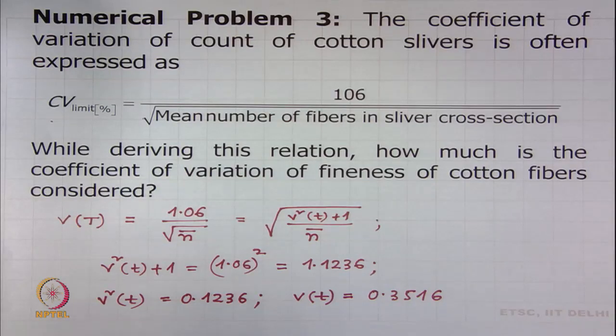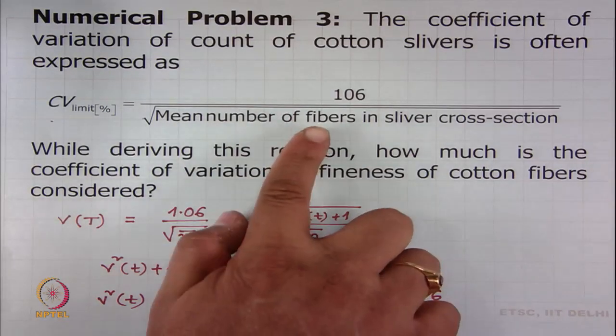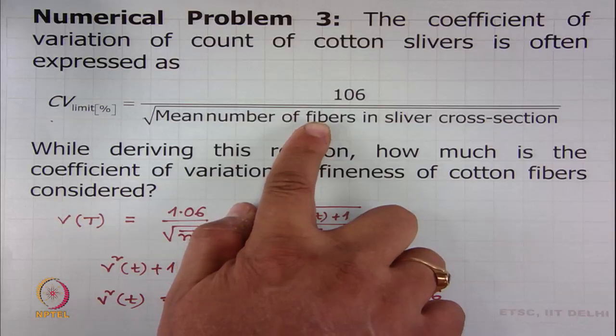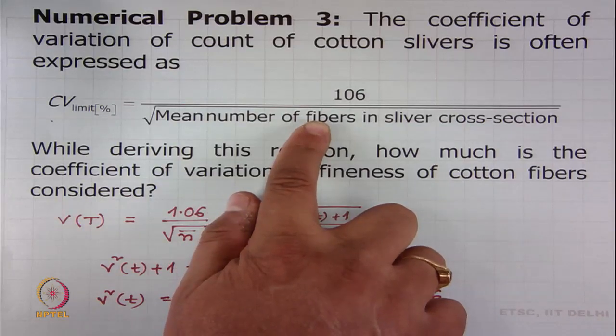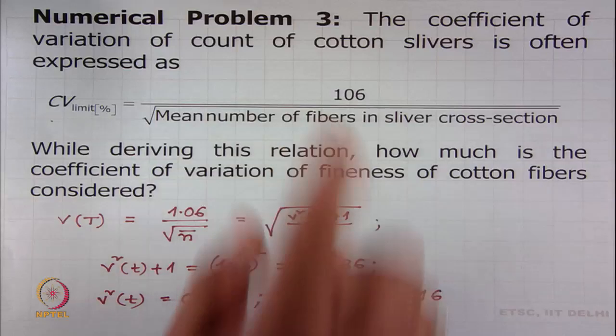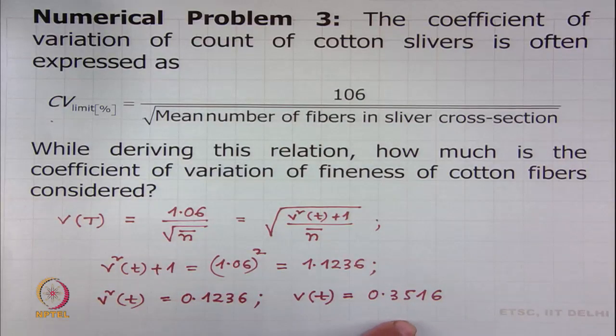So, you see that this particular expression is valid for cotton sliver when the coefficient of variation of fiber fineness is 35.16 percentage.